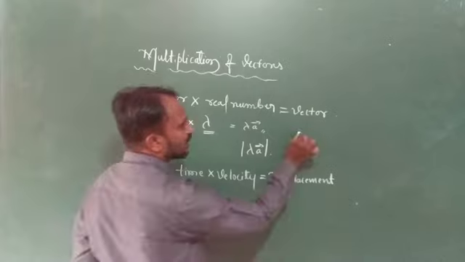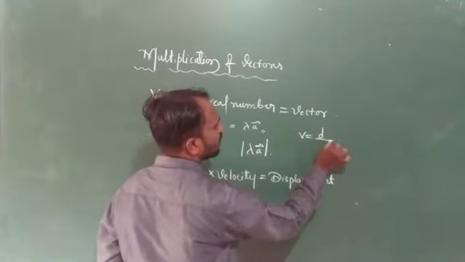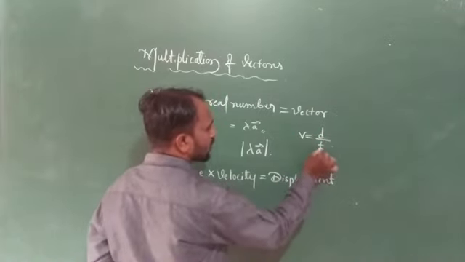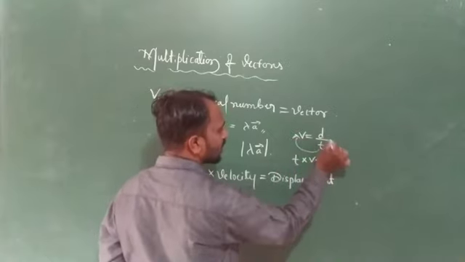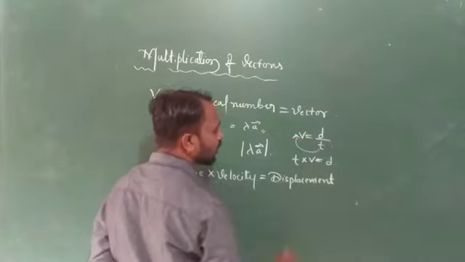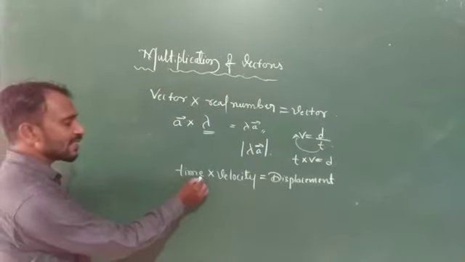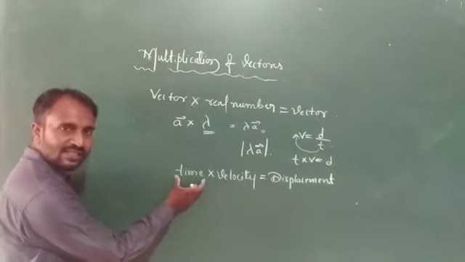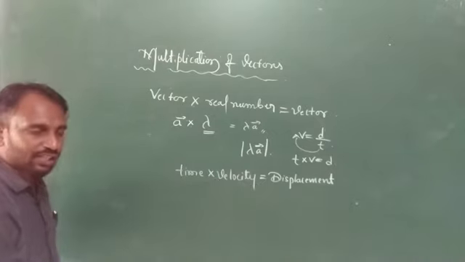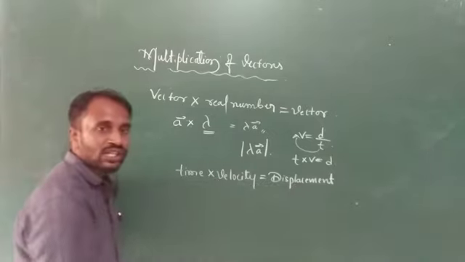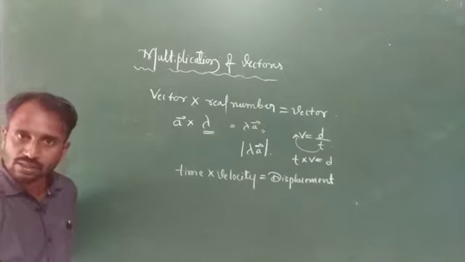Because velocity is equal to displacement by time. Time is a scalar quantity and velocity is a vector quantity, so finally we get displacement, which is also a vector quantity.